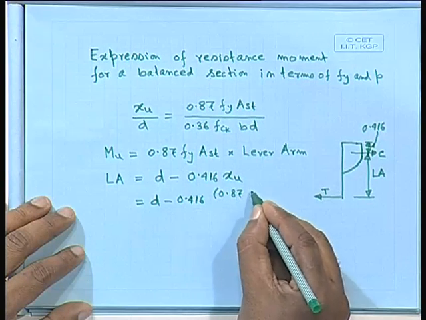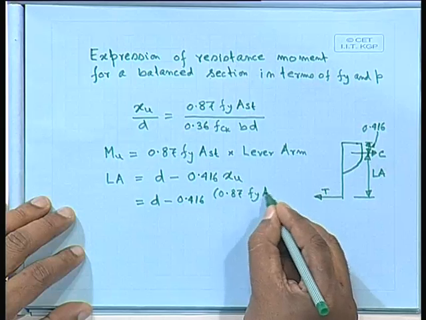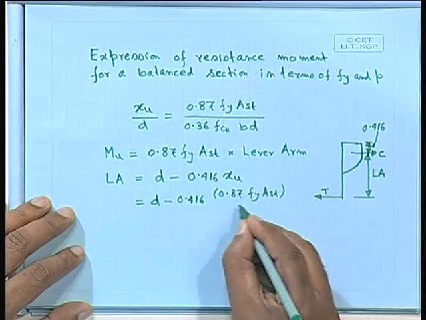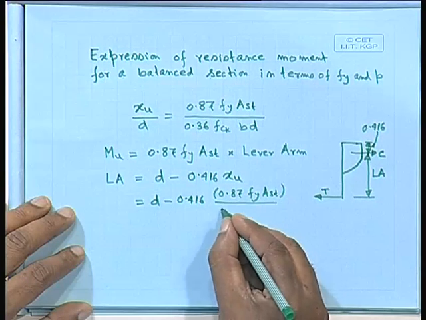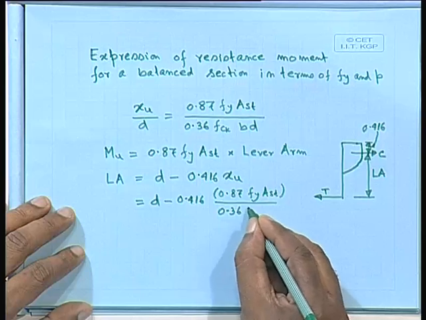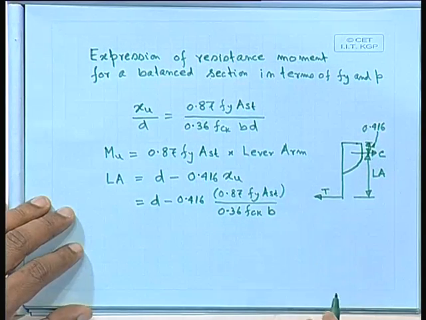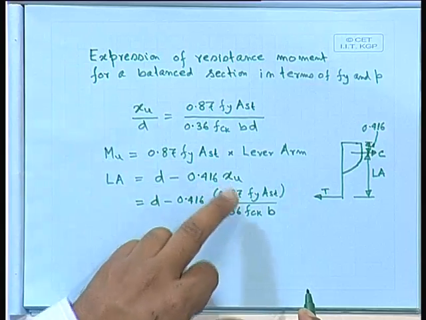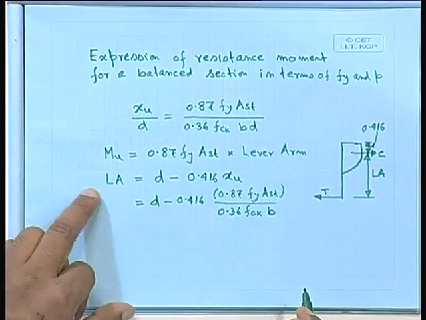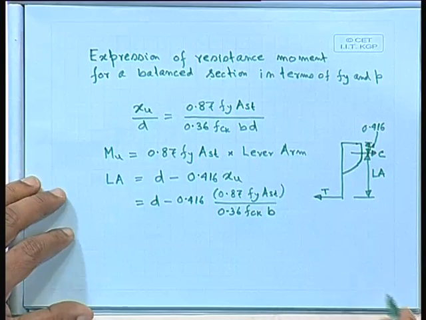XU is 0.87 FOI AST divided by 0.36 FCK times B. We are getting this XU, we put it here and we can find out the lever arm.